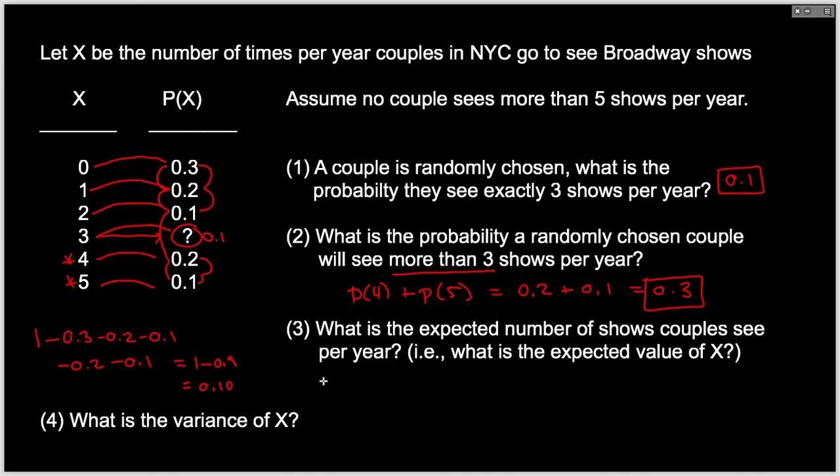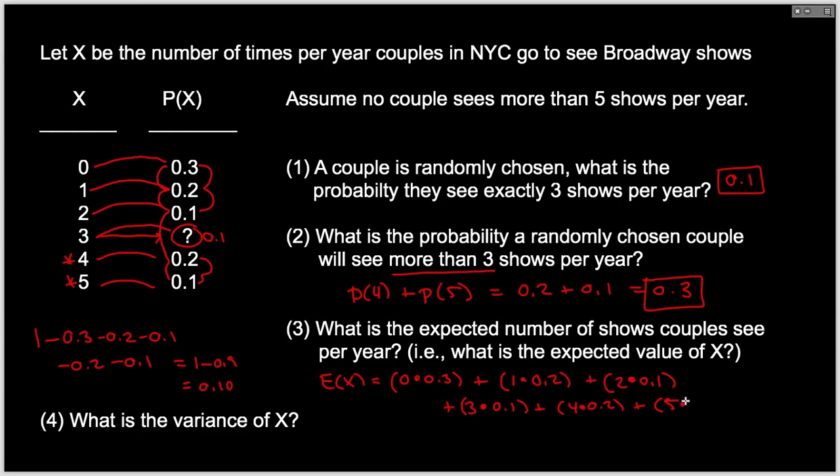Or in other words, the expected value is equal to 0 times 0.3 plus 1 times 0.2 plus 2 times 0.1 plus 3 times 0.1 plus 4 times 0.2 plus 5 times 0.1. And these are all times symbols here. Don't get it confused with the decimal.